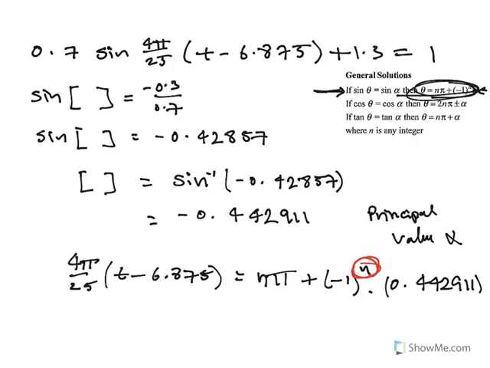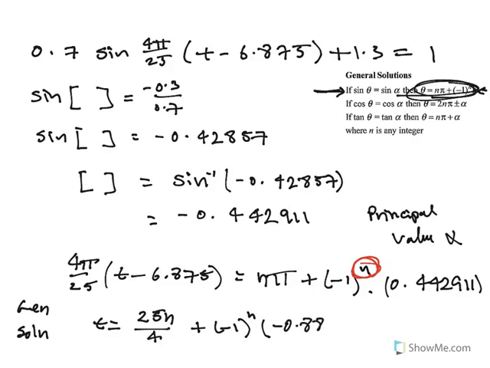When I rearrange that to make t the subject to get my general solution, I multiply everything by 25, divide everything by 4 pi, then add 6.875 on. I get t equals 25n over 4 plus negative 1 to the power n times 0.881 (with the negative in there), plus 6.875.